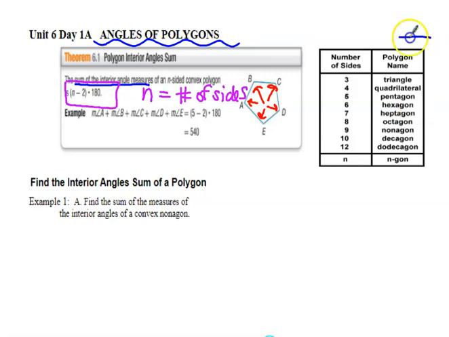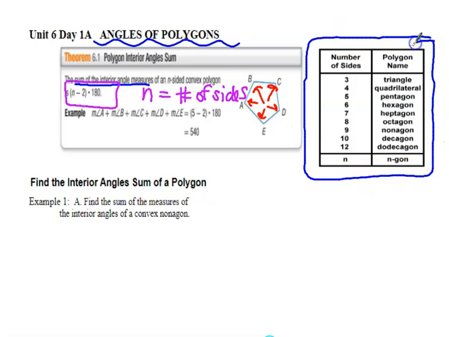I also gave you this chart, so then you can use this chart and know the number of sides. All right, so let's work on example 1. Find the sum of the measures of the interior angles of a nonagon. Nonagon means 9. So I have n minus 2 times 180, and I'm going to plug 9 in for n.